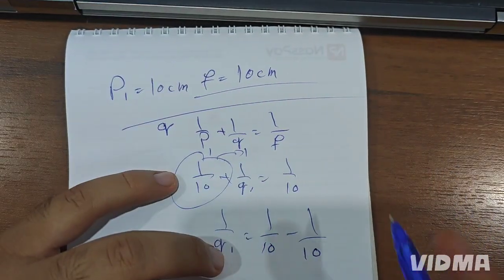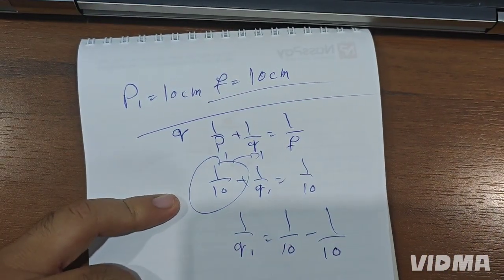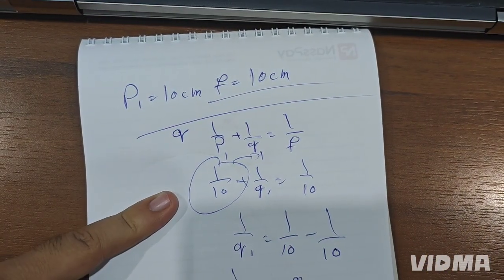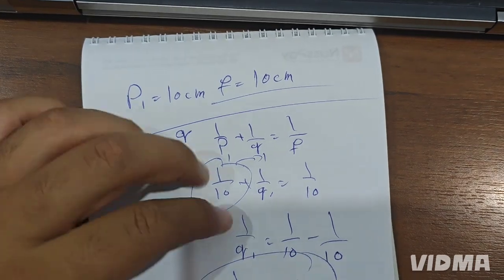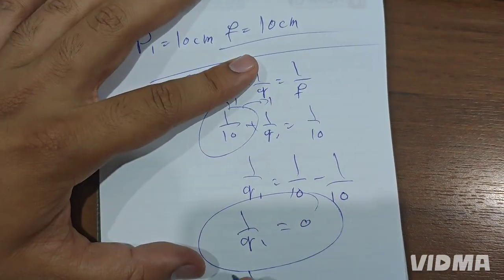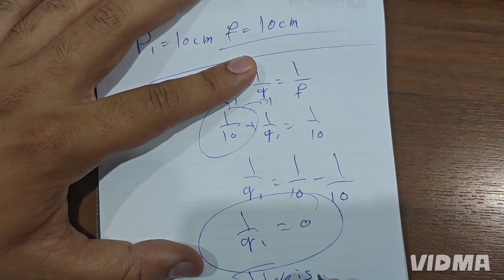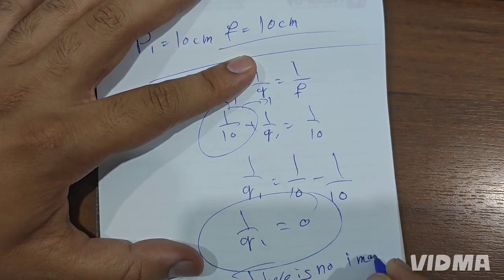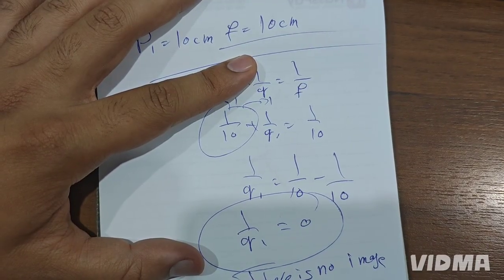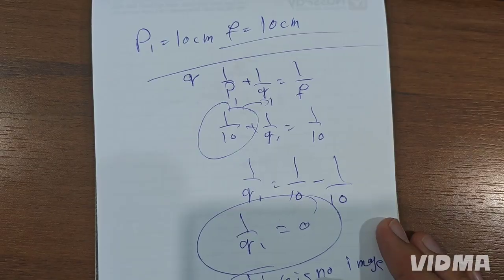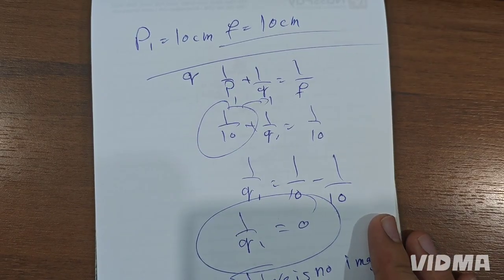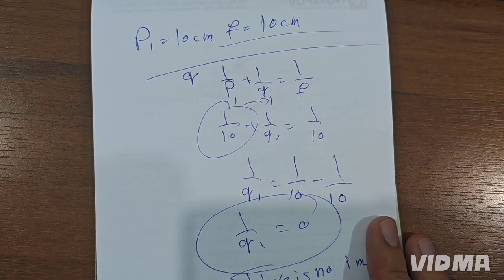Take a look, students. 1 over 10 minus 1 over 10 will be 0, and 1 over Q1 will be 0. In here, there is no image because the result is 0. We don't have an image because the result is 0.